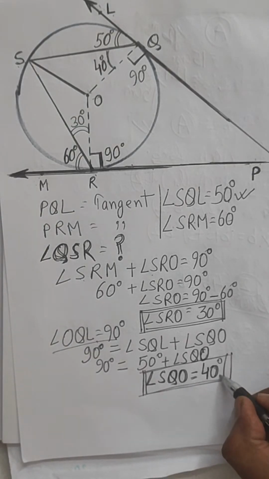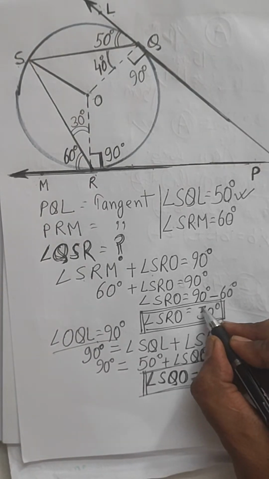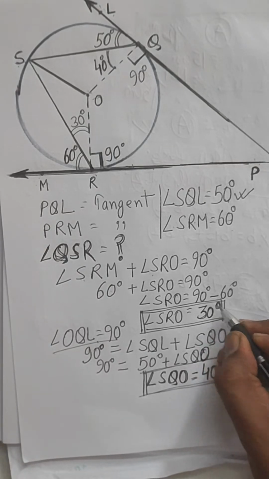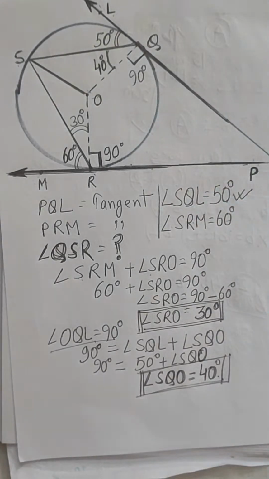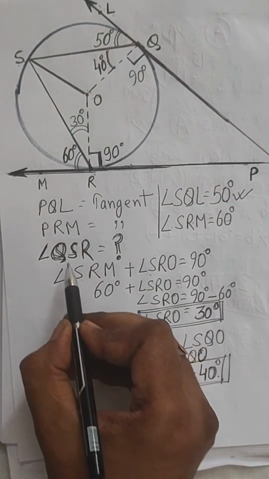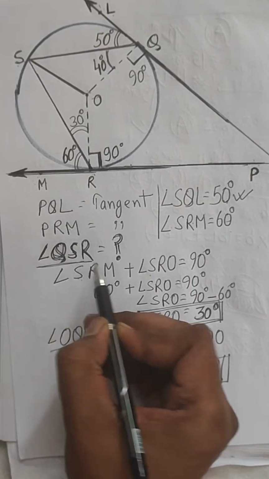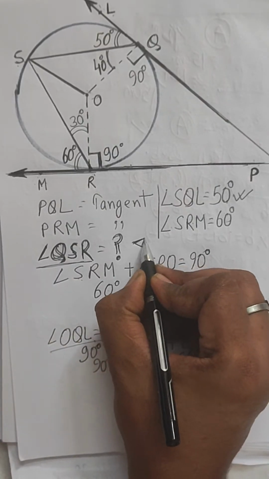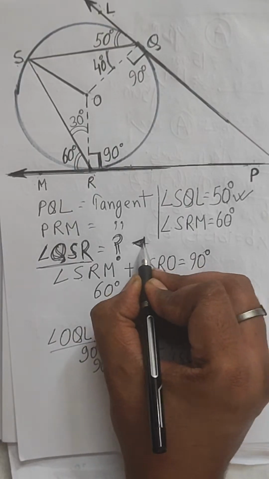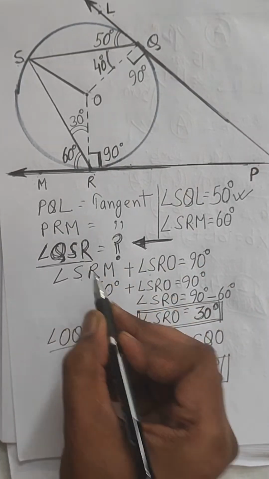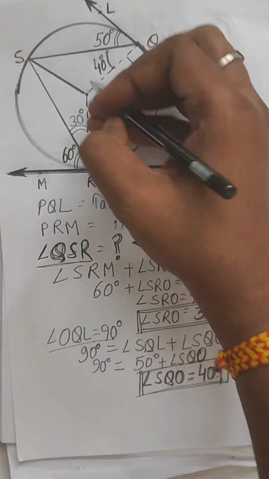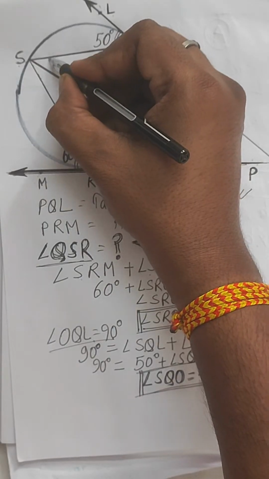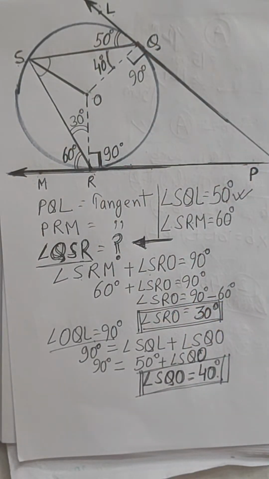Yes, SQO is calculated as 40 and SRO is calculated as 30 degrees, this angle and this angle. Now we need to find the value of angle QSR. This is our requirement, angle QSR. So angle QSR is this angle. The value of this we need to find.